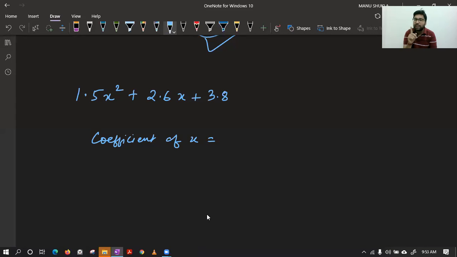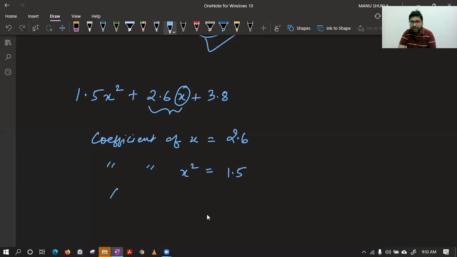I have told you this thing. The coefficient of x is in this term we are talking about. Cover the x. What is left? 2.6. If I ask the coefficient of x square, that is 1.5. Now it is correct.